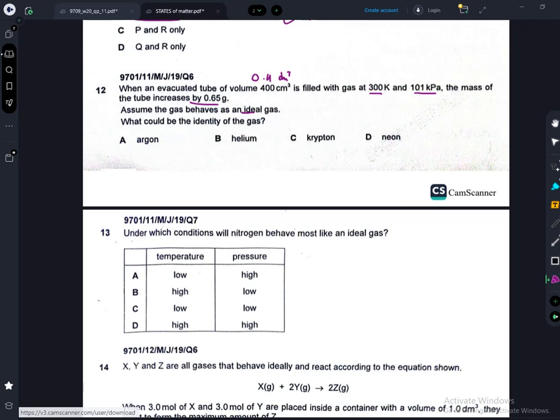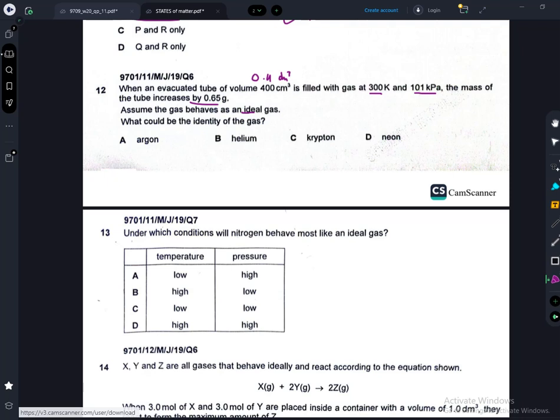It behaves as an ideal gas. So now we have to find the identity of the gas that is produced.